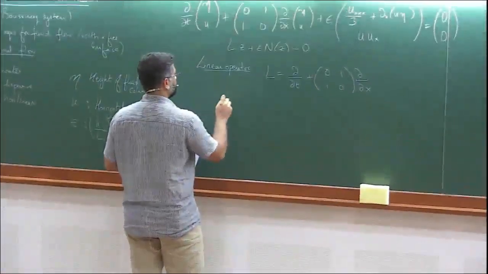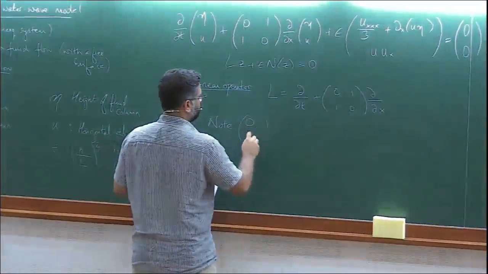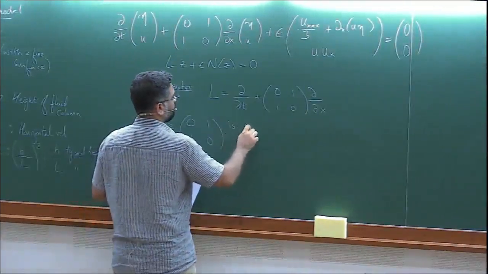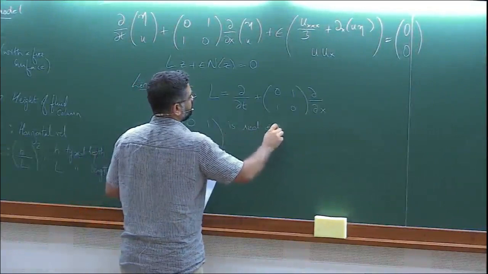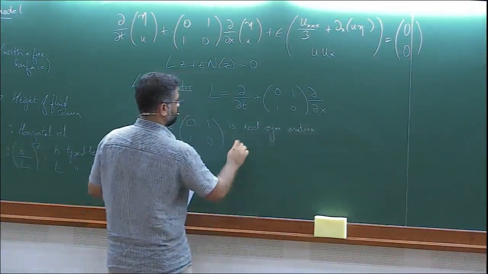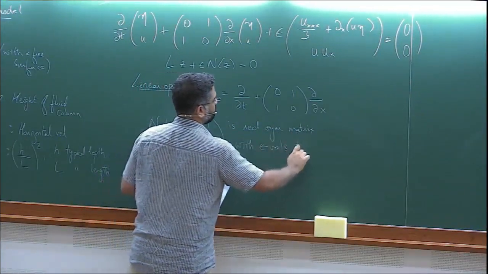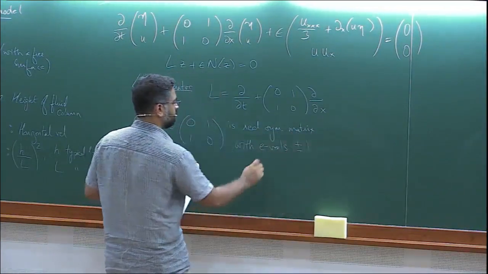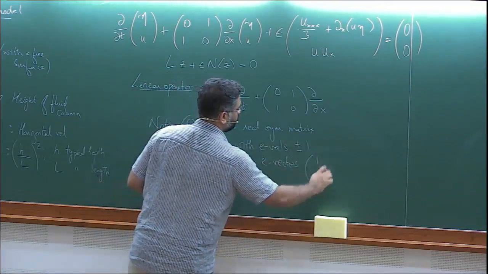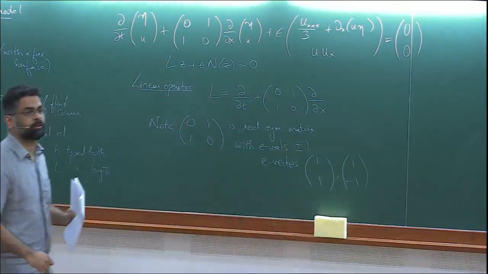So first of all, just note the matrix 0, 1, 1, 0 is a real symmetric matrix with eigenvalues plus or minus 1 and eigenvectors 1, 1 and 1, minus 1, respectively.